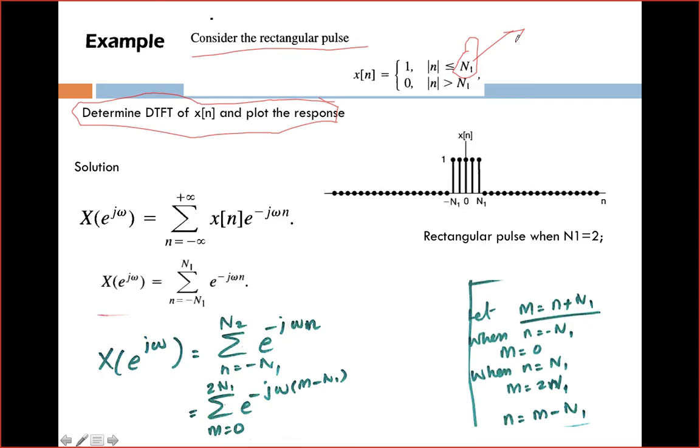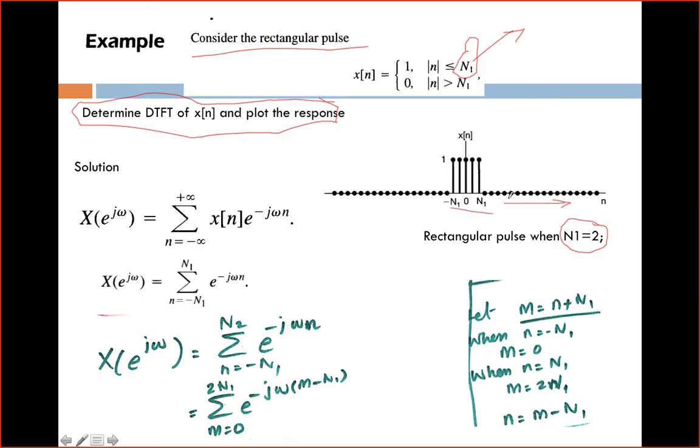In order to make you understand, what I have done is I consider n1 is equal to 2. It means it consists of only 5 samples, from minus n1 to plus n1, and the rest of the values are equal to 0.